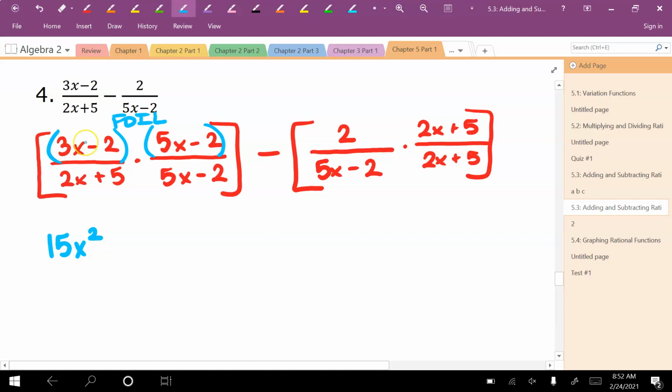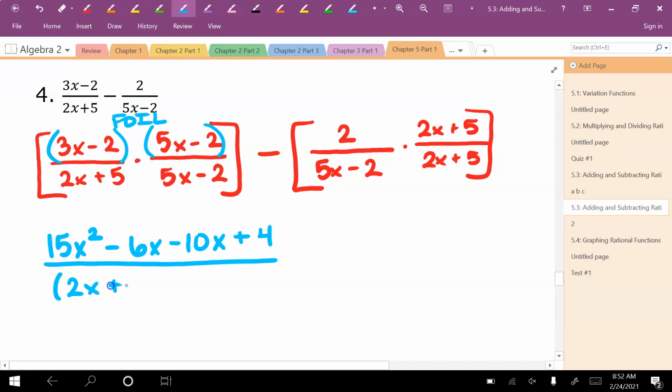Outside would be 3x times a -2, which is going to be -6x. Inside is going to be -2 times 5x. That's a -10x. For the last term, you have -2 times -2. What's that going to be? Good, plus 4.